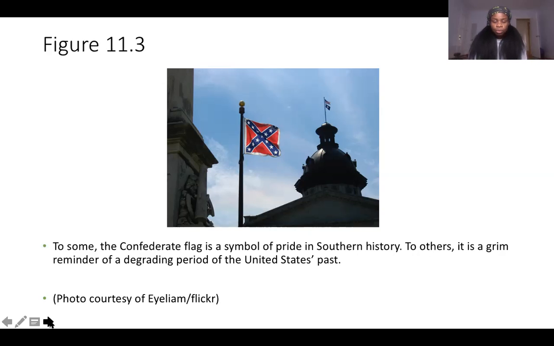Here is an image, a figure of the Confederate flag. To some, the Confederate flag is a symbol of pride in Southern history. To others, it is a grim reminder of a degrading period of the United States' past. When you see this flag, what does it mean to you?